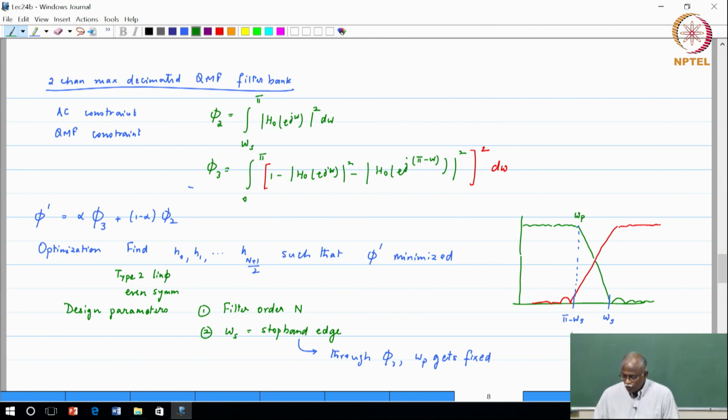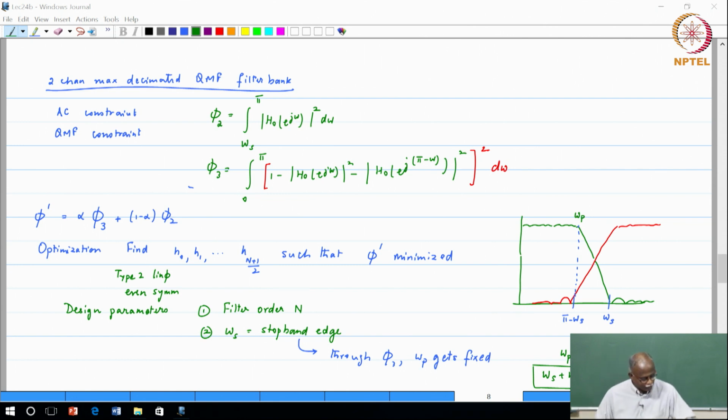Otherwise the flatness constraint will not be satisfied. Okay. So, omega p has to line up with pi minus omega s because of the symmetry constraints, or in other words omega s plus omega p equals pi. Okay. So, there is a constraint that omega p gets fixed without actually being explicitly specified because of the symmetry constraint, the flatness constraint, and you can also look at it pictorially.